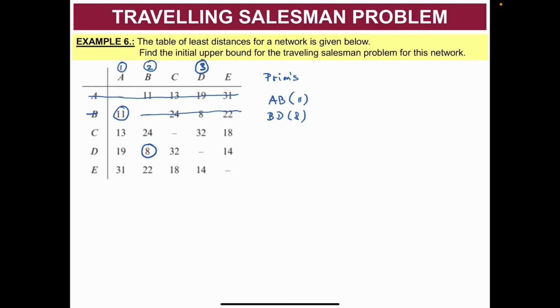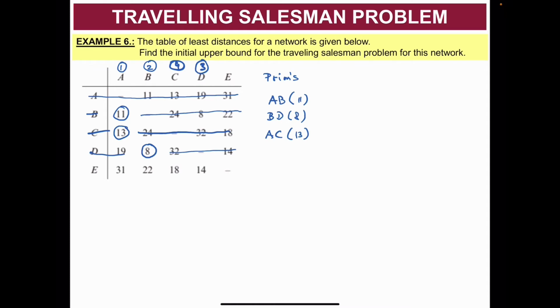So I'm checking in number 1, 2, and 3 columns. The smallest one is 13. That will give me AC with the weight of 13. Then C goes out, and this is number 4. And I forgot to cancel D before.